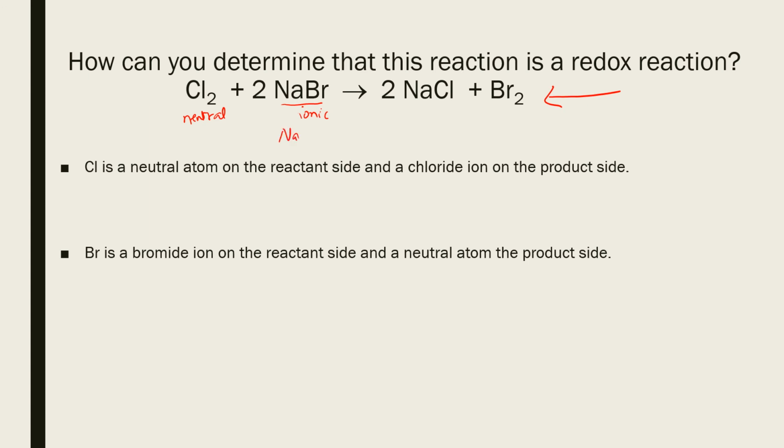In this case we know sodium has a positive charge and Br has a negative charge. On the product side, NaCl is an ionic compound, and sodium has a positive charge and Cl has a negative charge, and Br is neutral, meaning no charge.